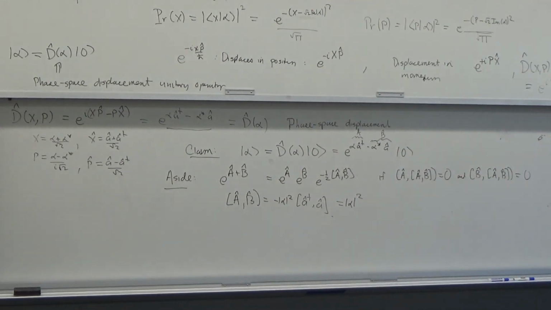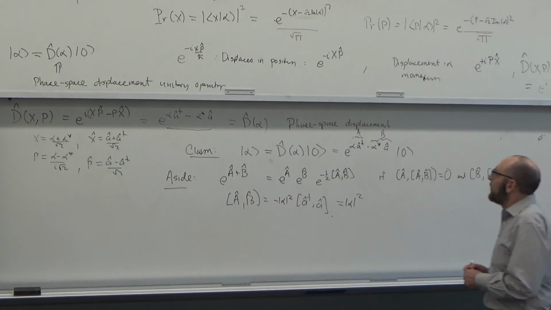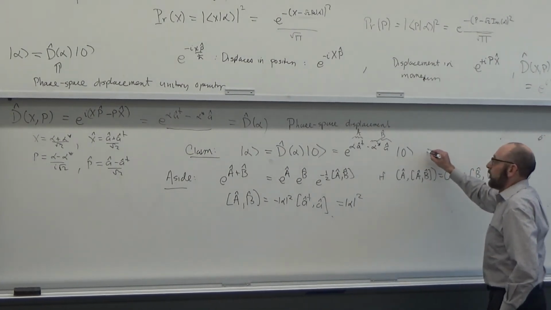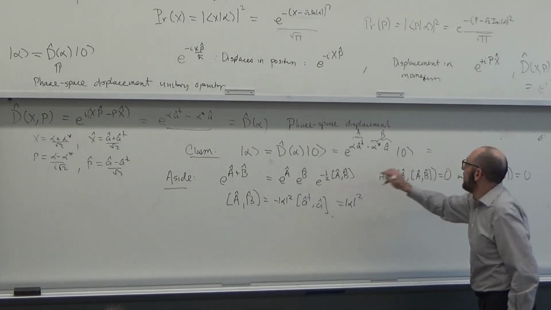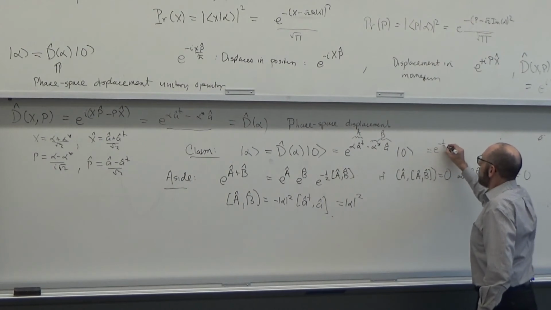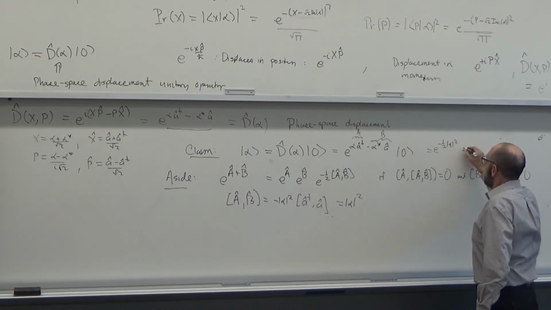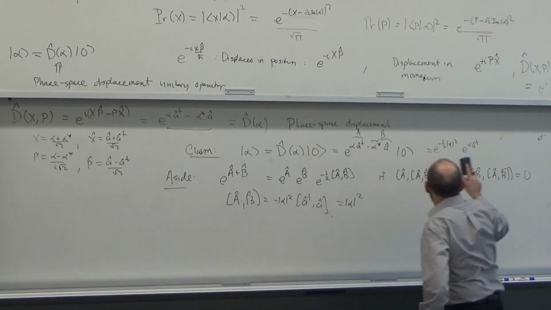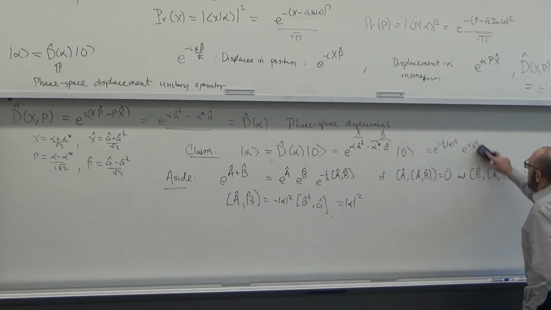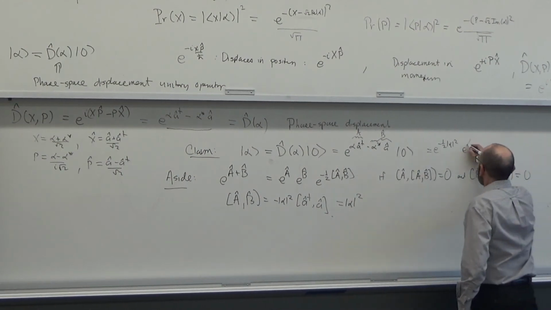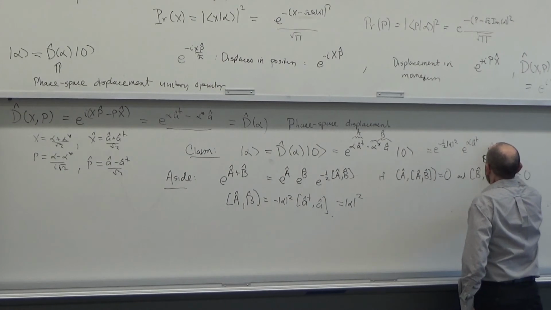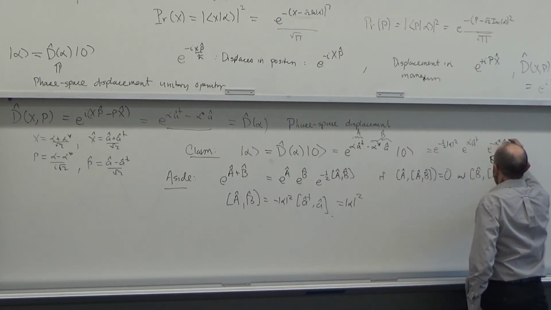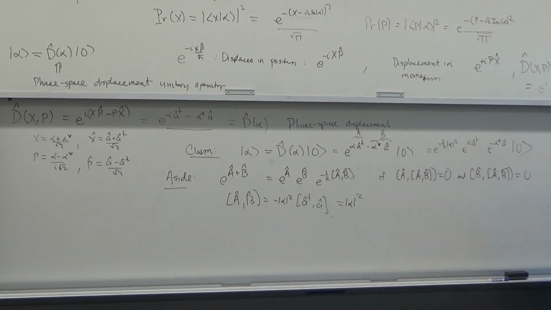So what that tells me is that this is equal to, putting this in here, e to the minus 1/2 alpha squared, e to the alpha A dagger, e to the A, right?